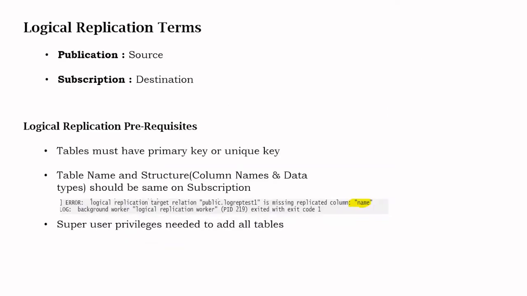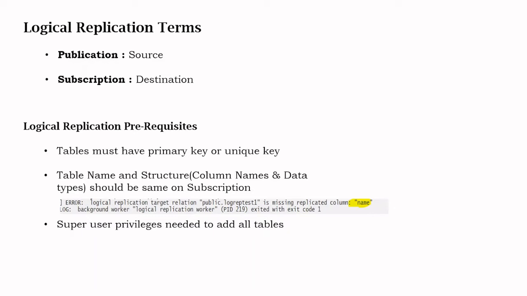Let us understand the terms in replication. The publication is called the source, and the subscription is the destination where data will be replicated. So what are the prerequisites of logical replication? Your table should have a primary key or a unique key, and the table name and the structure should be the same. The column names should be the same, as well as the data types, matching the source.